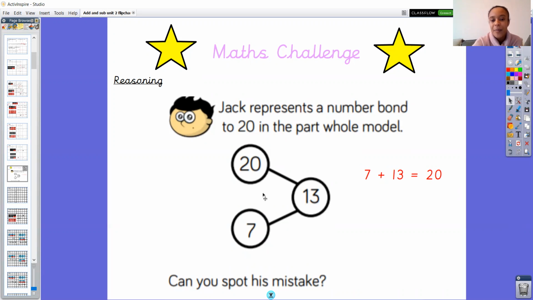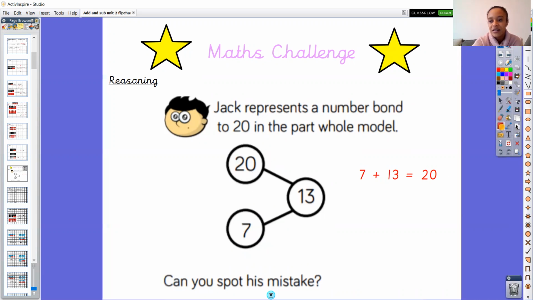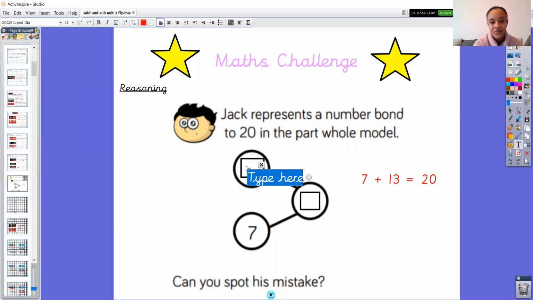So 13 is a part. Should we change it for him? Let's just cover this up. So 13 is a part with our 7. Pop that there. And our whole is 20. So he got all the correct numbers, but he just got them in the wrong place.